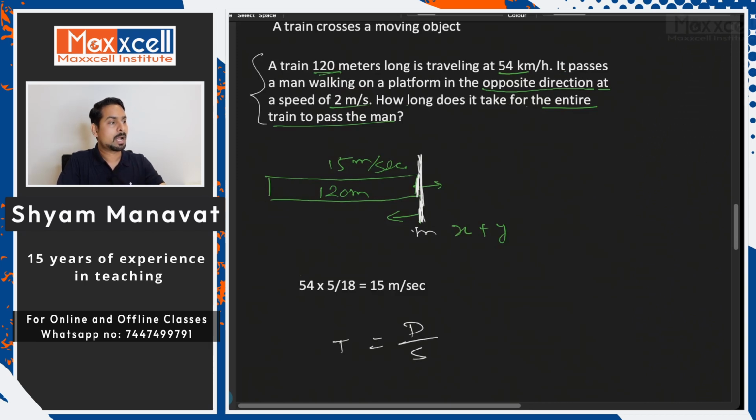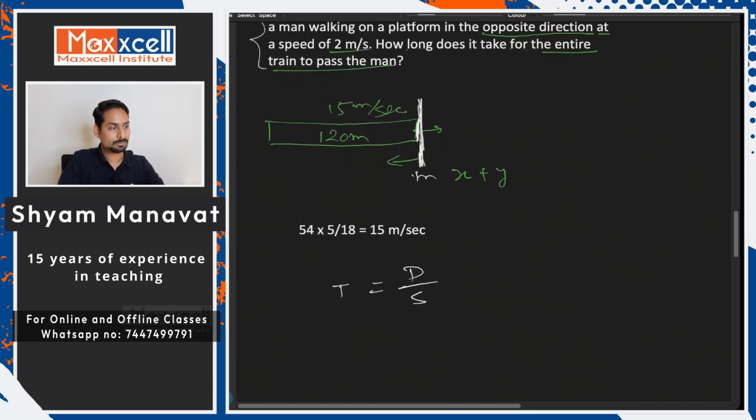Perfect. Now if you understand this part, there is a simple formula: time equals distance upon speed. How much time will it take? The distance the train has to cover is the length of itself. What will be the position of the train when it entirely crosses this man?